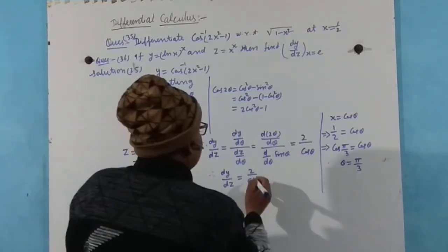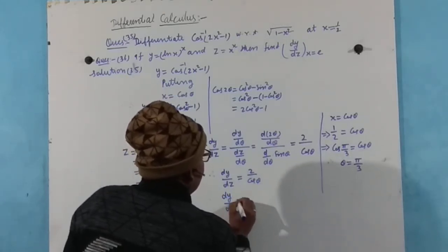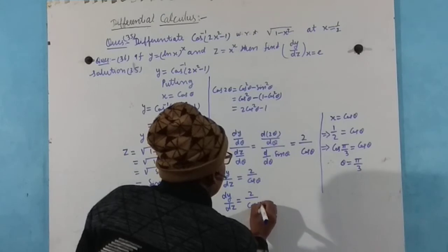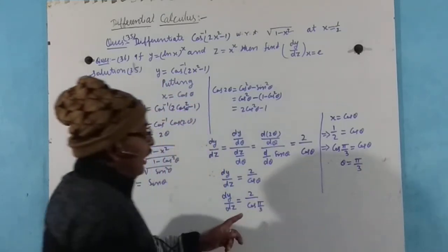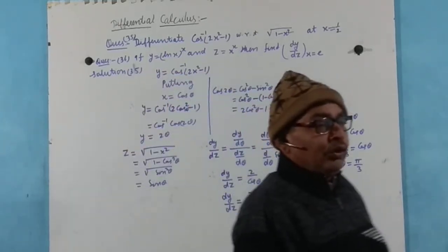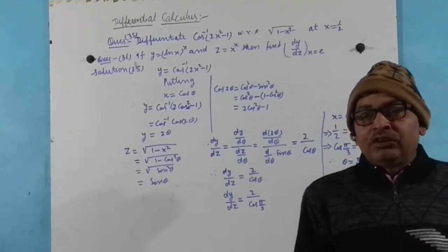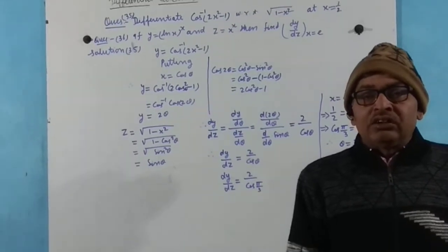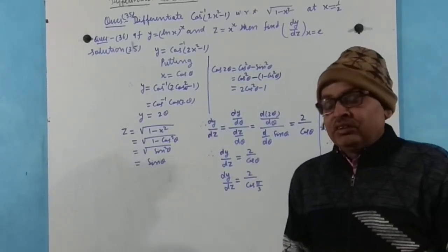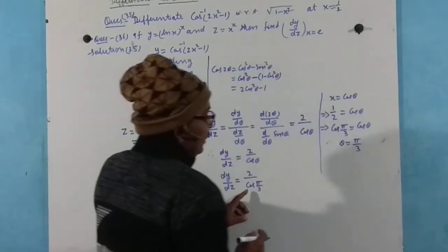Now putting this value here, dy by dz equal to 2 by cos pi by 3. Recall the values: sin 30 degree is 1 by 2, sin 45 degree is 1 by root 2, sin 60 degree is root 3 by 2, so the value of sin 30 degree is equal to the value of cos 60 degree, that is equal to 1 by 2.